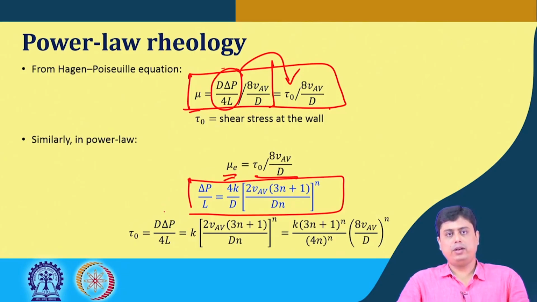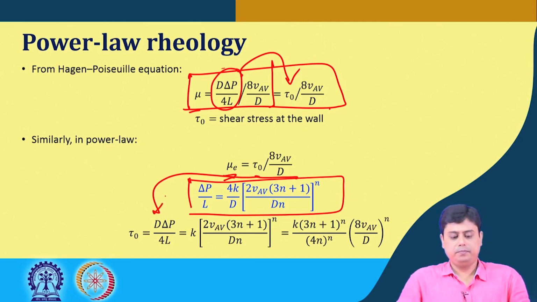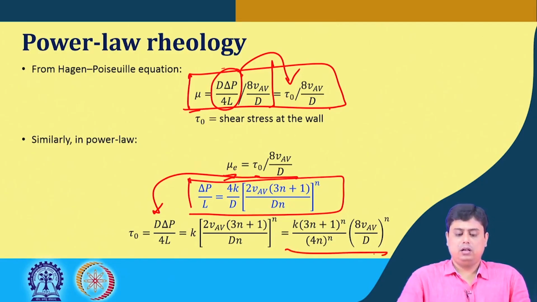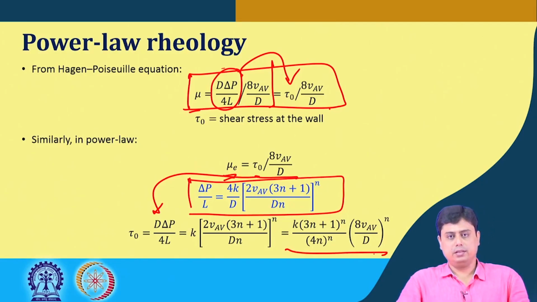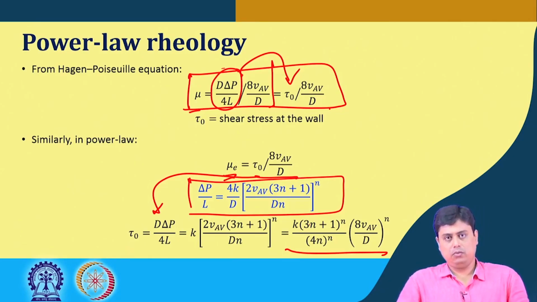So if we now try to write this tau 0 in terms of del P and substitute this del P in this expression, we find an expression something like this, where we can see the shear stress at the wall is basically dependent on the consistency index, flow behavior index, average velocity and the diameter of the pipe.